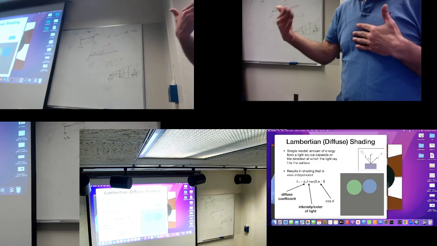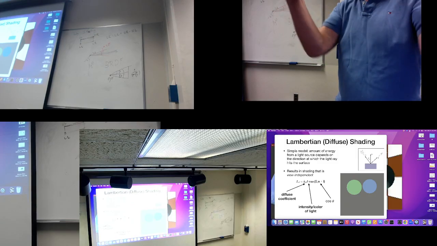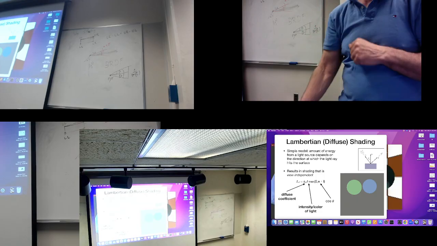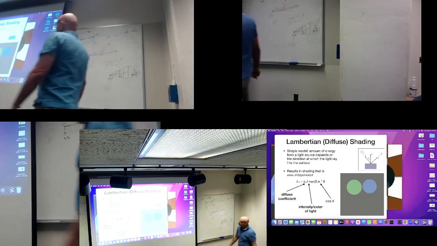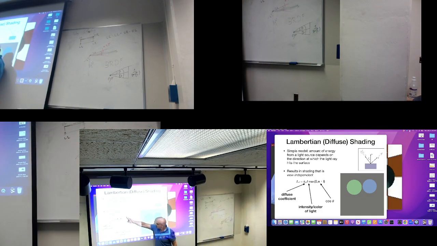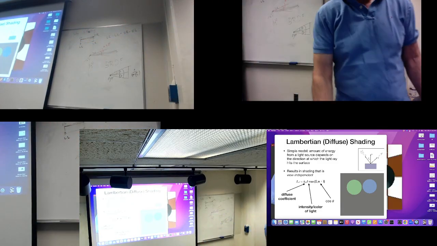You want to care for the diffuse only for the parts that actually have a chance to be illuminated by the light. If this number is negative, then you're saying it's not a part of the sphere that is illuminated by the light, so it's only ambient light, if I have any ambient shading, or 0 if I don't have ambient, and then it should be dark.